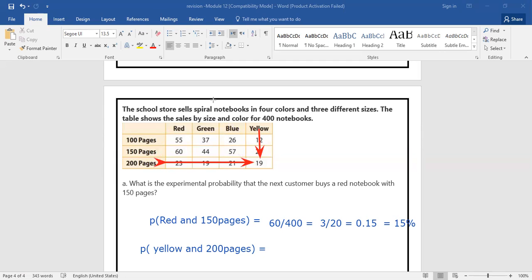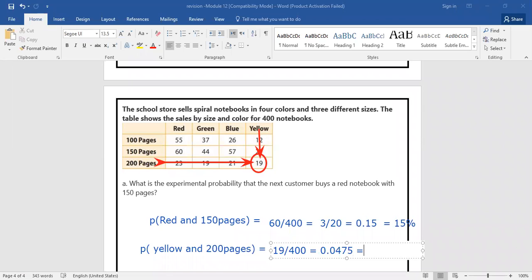So we will catch the number, which, like you said, is 19. So the answer will be 19 over 400. We can change it into decimal, so it will be 0.0475.